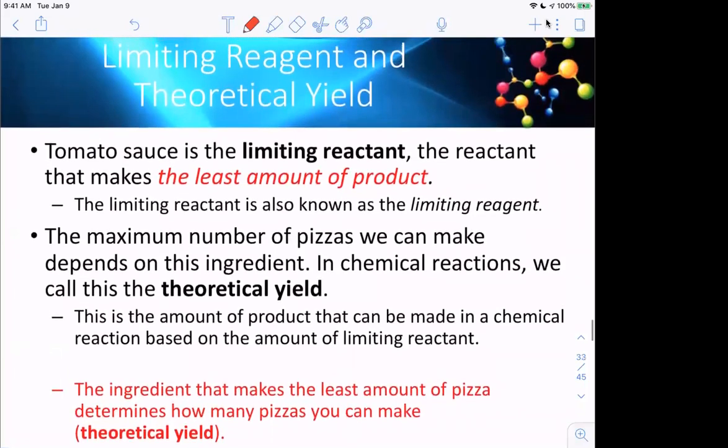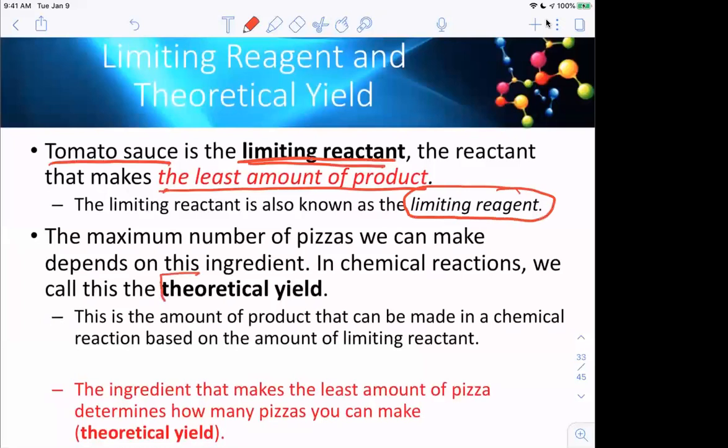So, talking in chemistry terms, the tomato sauce is the limiting reactant. And that reactant is the reactant that makes the least amount of product. You might also hear the term limiting reagent. The maximum number of pizzas I can make depends on that limiting reactant.